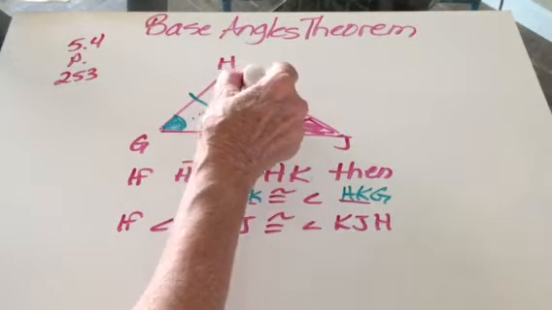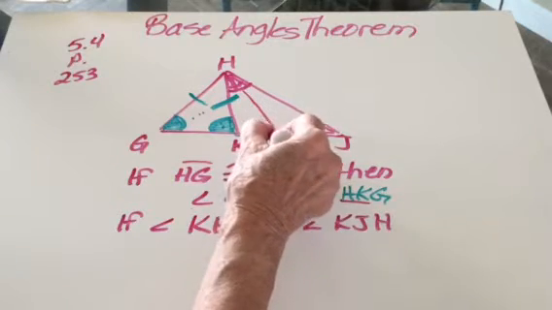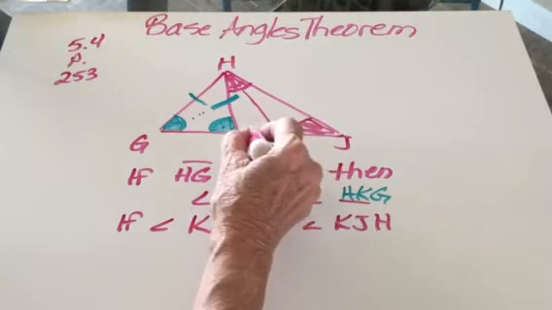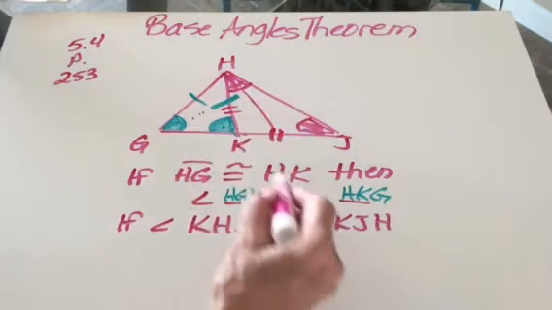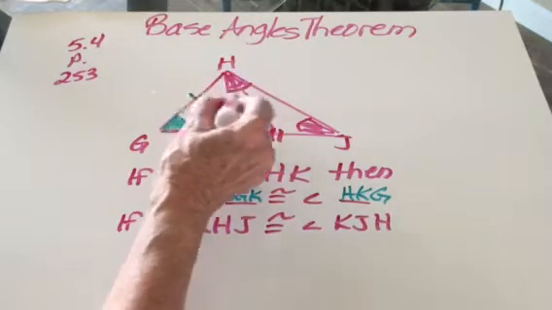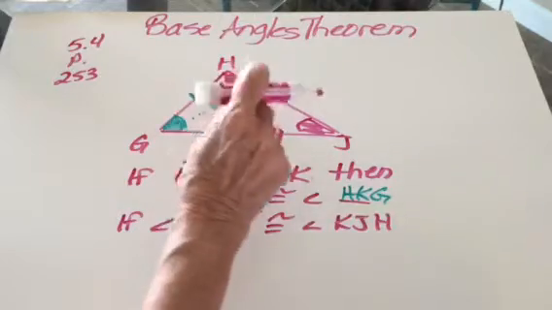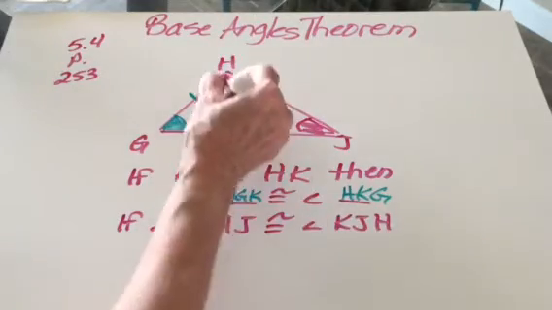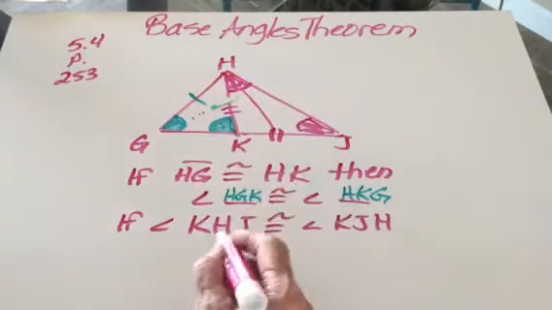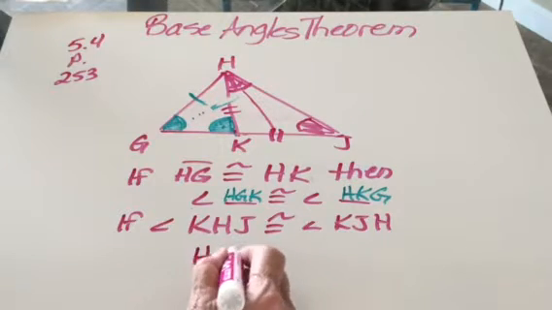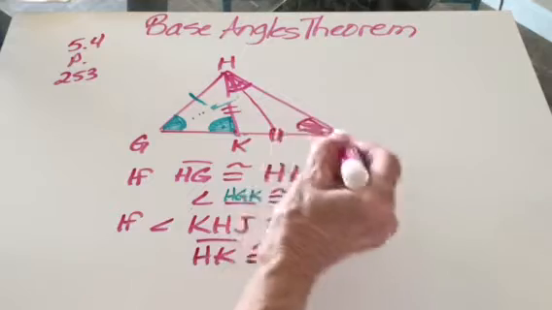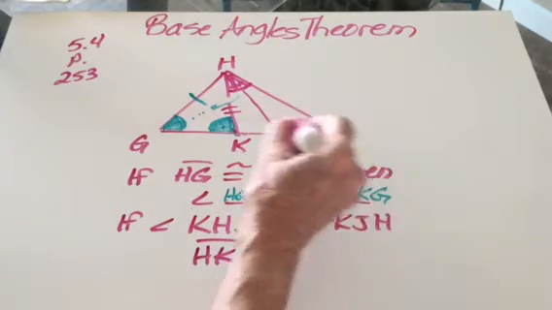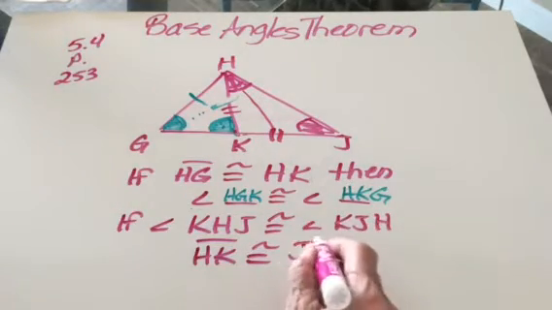Look, it's this guy over here, this guy right here, and this guy right here. Even though it's got one tick mark, that went for this, but now we're going to change it to 2 tick marks. Do you see that? All right, so HK is congruent to JK.